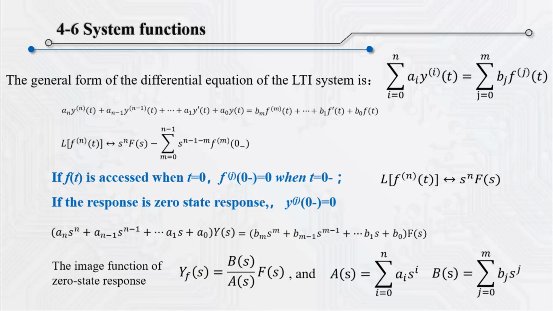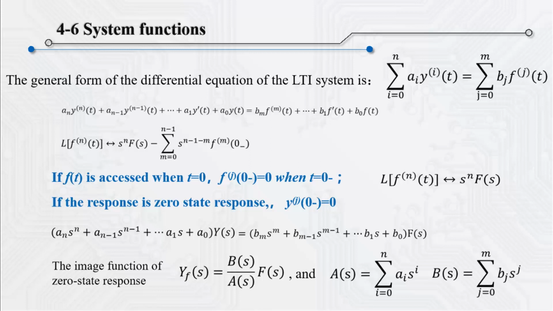Then when the general form of the differential equation is Laplace transformed at zero state on both sides, we get (an s^n plus ... plus a0) Y(s) equals (bm s^m plus ...) F(s).